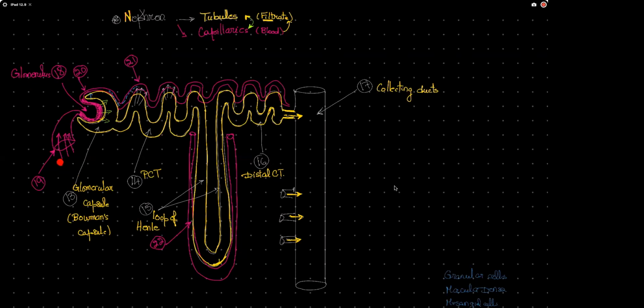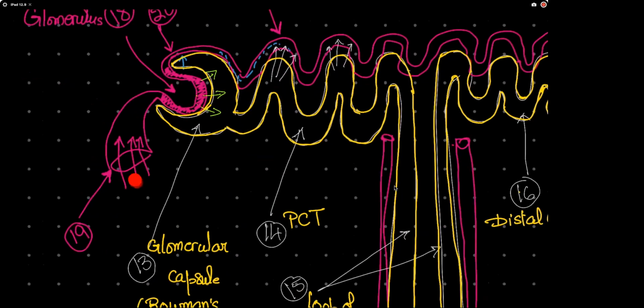The glomerulus receives blood through an arteriole that has a large diameter compared to the one that drains the blood out of the glomerulus. So what do we call the one that brings the blood in?